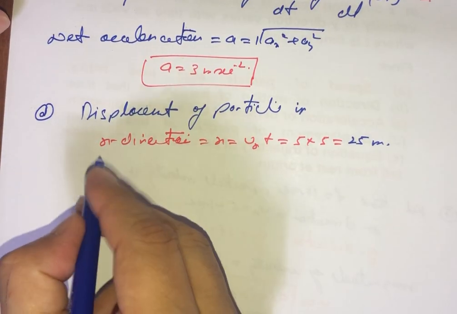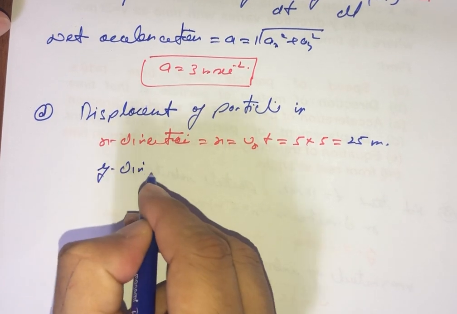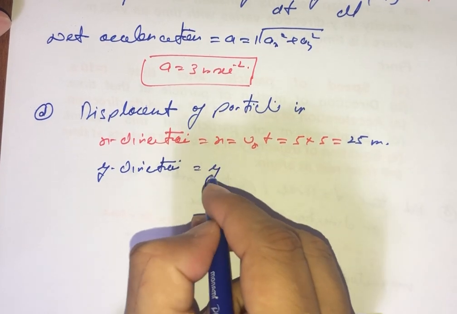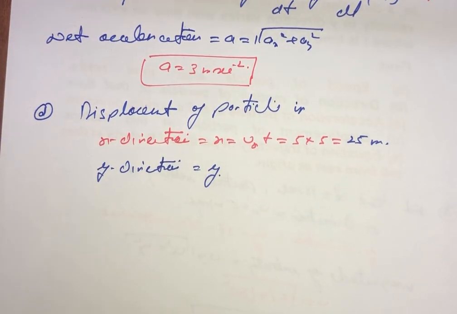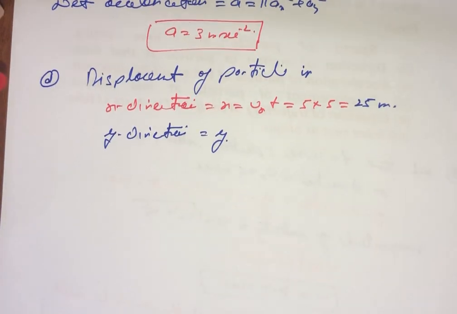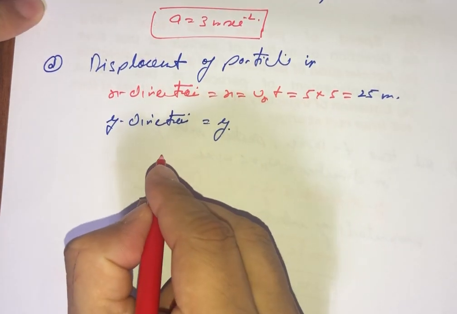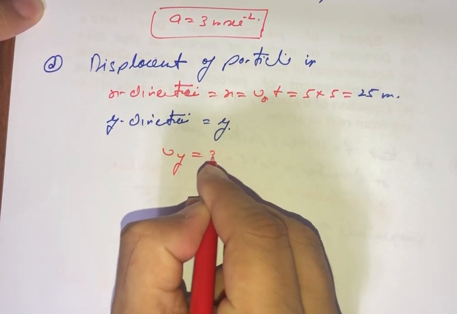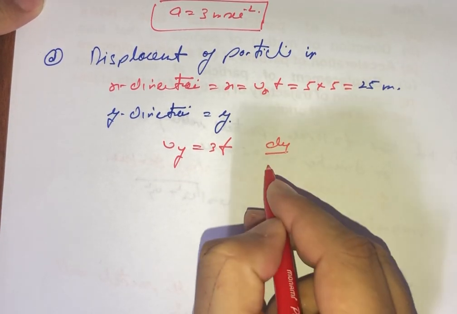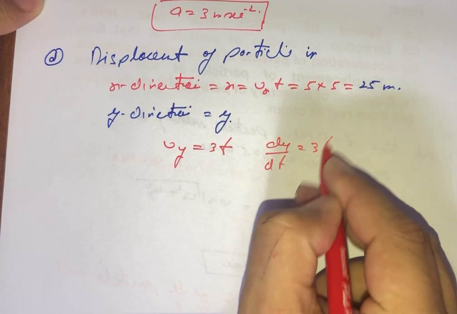And in y direction, let us call it y, the equation of the velocity is time dependent, that is 3t. So we can say that vy is equal to 3t, or we can say dy by dt is equal to 3t.